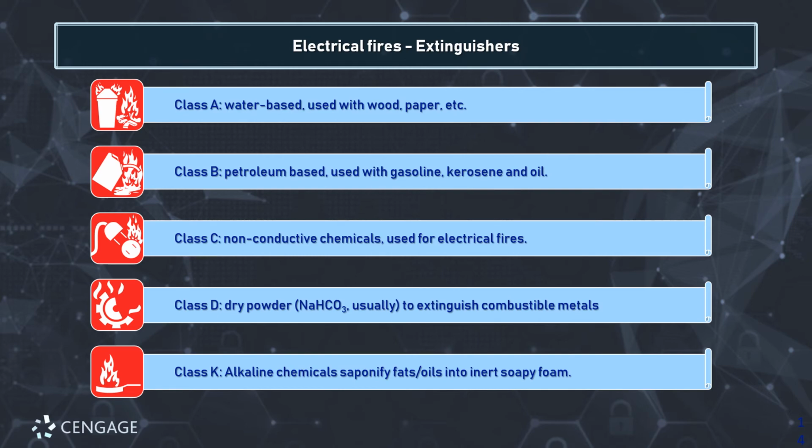Class K is where we use very alkaline chemical foam sprays in order to saponify fats and oils into inert soapy foam. So this would be things like using lye or similar material, where essentially when it contacts the surface of fats and oils, it causes them to render, generating a separation of the glycerin and the fat into what we call soap.